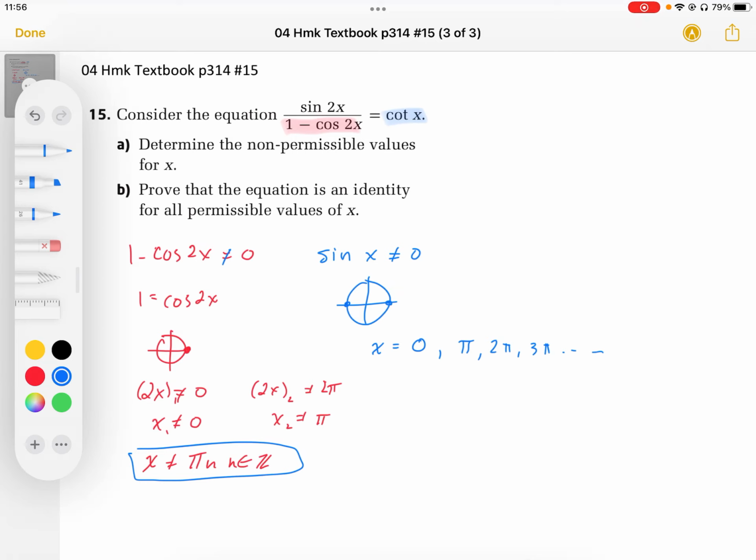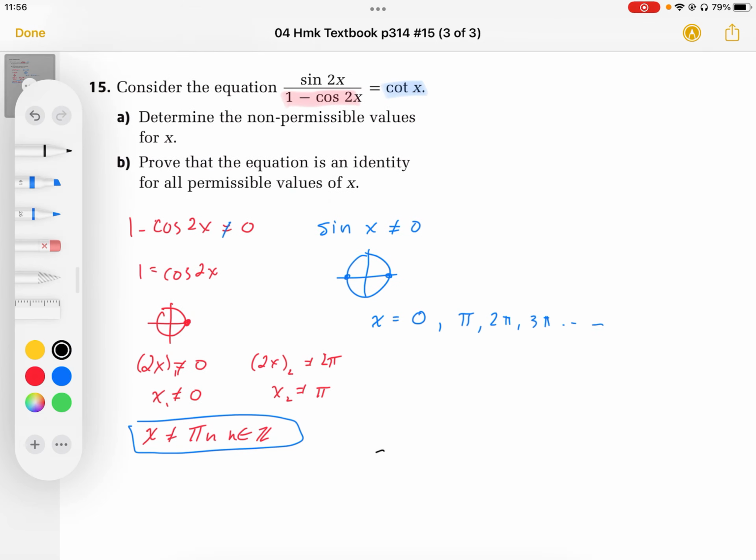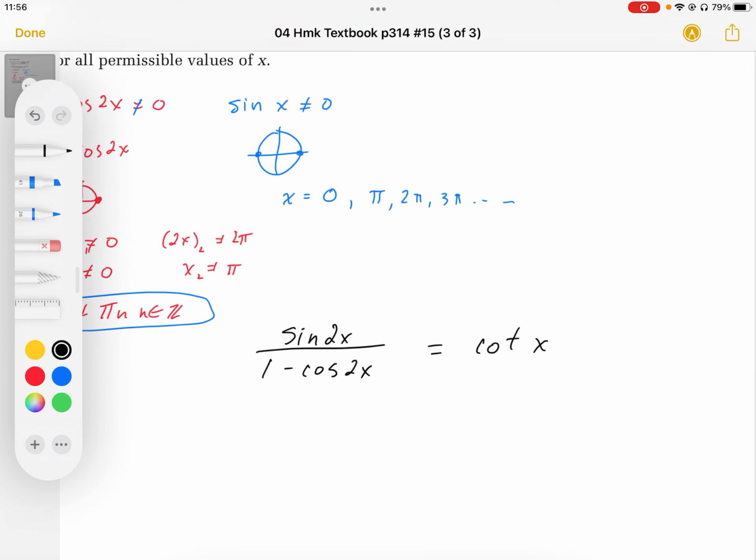It says, secondly, prove the equation is an identity for all permissible values of x. So I'm going to rewrite this expression. The problem is that we have a 2x, so we have sine 2x over 1 minus cos 2x on one side, and on the other side we have just an x. To make these the same, I need to convert the 2x into a single angle.